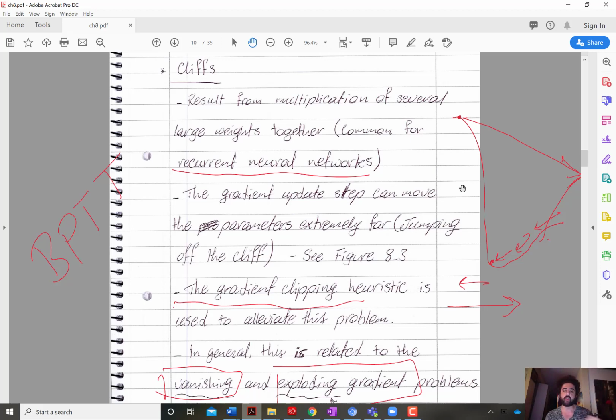So I normalize the gradient magnitude. If it's bigger than a certain threshold, right, then I bring it back to the threshold. And what that does is that it limits the size of the step that I'm taking, right? So that if I go back here, I go back only a little bit. Even though the gradient magnitude is large, I go back a little bit, right?